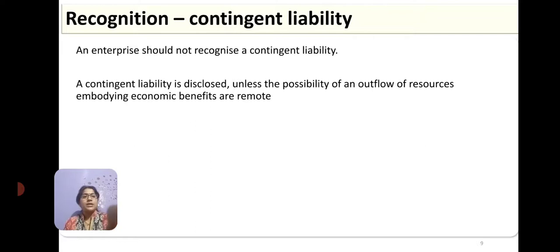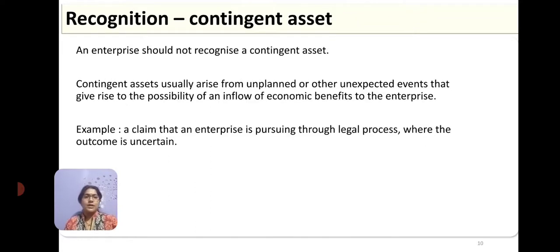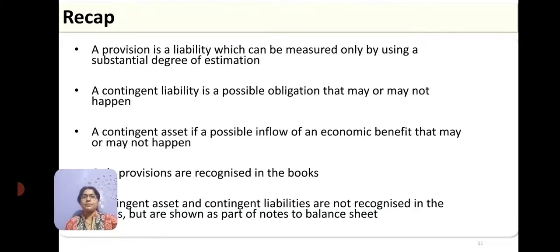So you have contingent liability, and you have contingent asset also. Either contingent asset or liability, both are not recognized, because right now you neither own it nor owe it. It may happen in future or may not happen in future. So you don't recognize it.